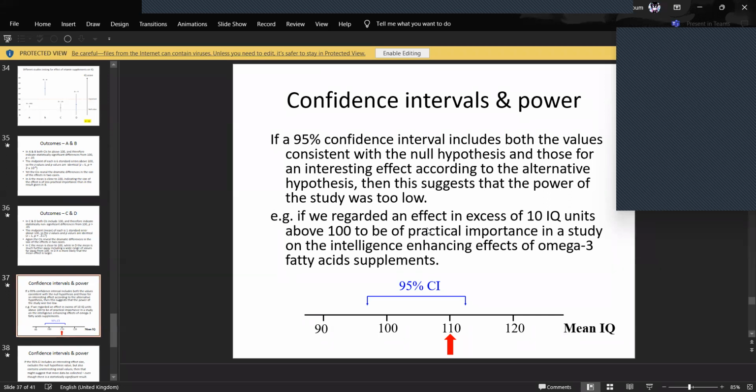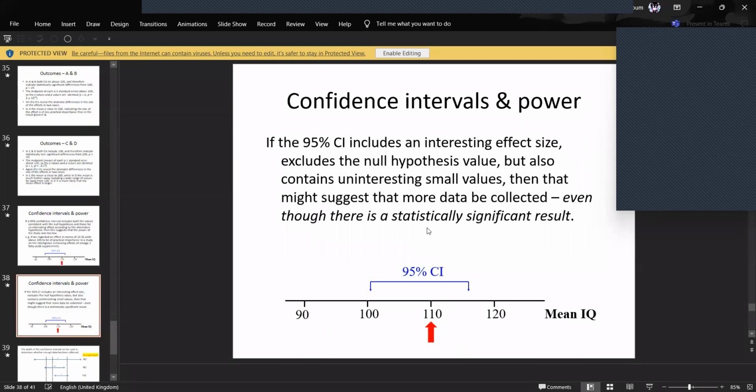All right, and bear in mind this is different from the p-value. You have your p-value and you have your power, and they're very separate. So if your 95% confidence interval has an interesting effect size area, so that's over here, and it also includes the null value, and also a bunch of uninteresting small values that nobody really cares about, then you might want to collect more data, right?